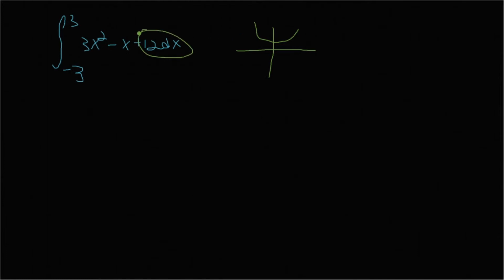Actually, I do know it's going to be above the x-axis. But frankly, that doesn't really matter. We're just trying to find the area of this using some midpoint, right?